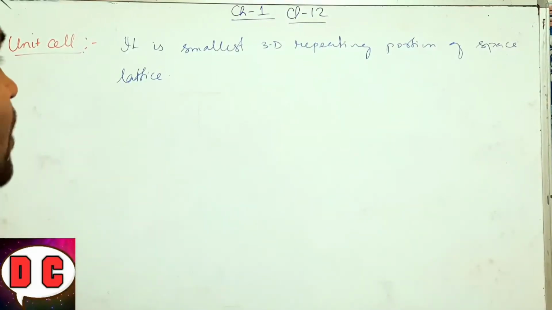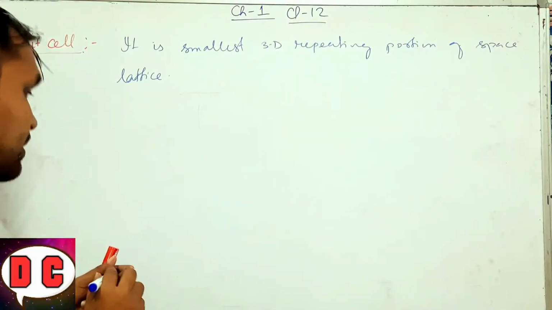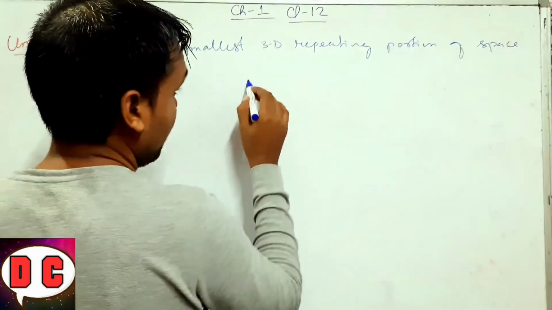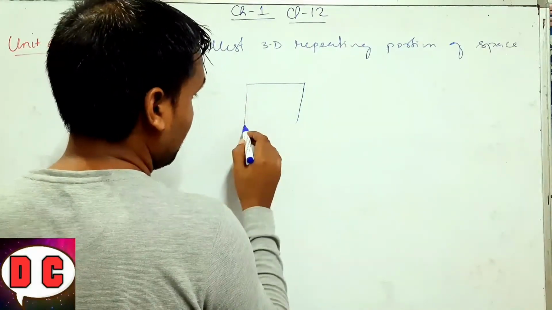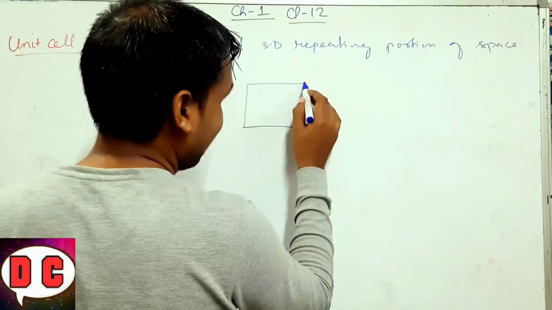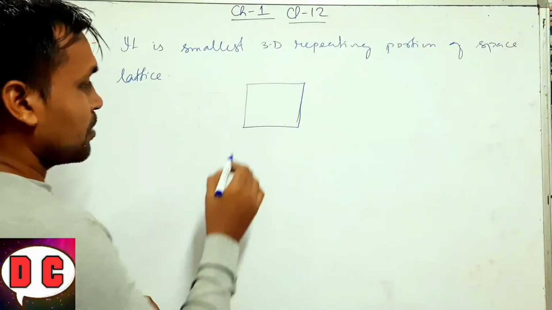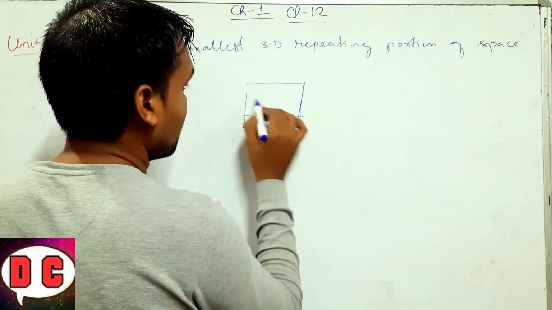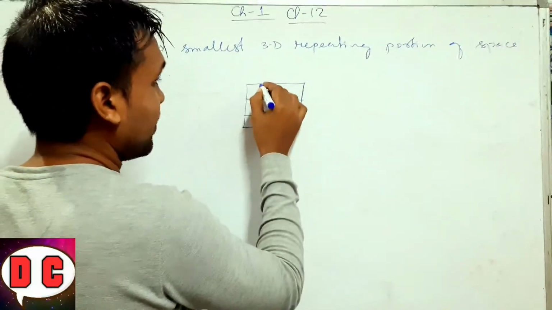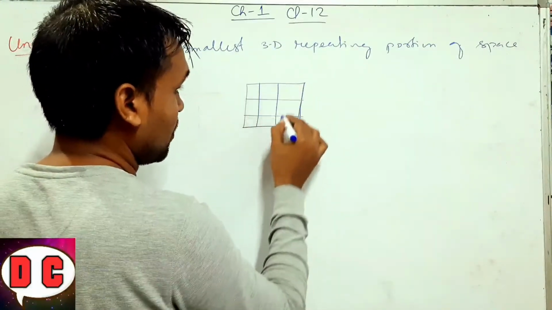Okay, so what does it mean? It means that you can see in a puzzle, one cube is there. In that puzzle cube, you will see that we used to rotate it this way, right or not? In that puzzle cube, you will see that small boxes will be there, and together they make a big box, right?